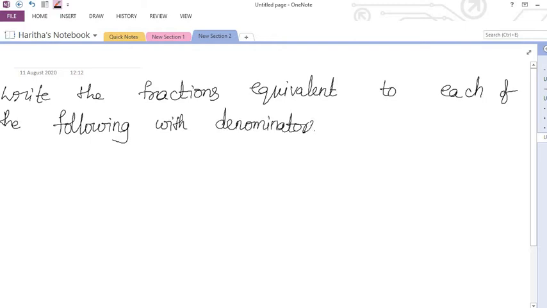So with the help of denominators you are going to prepare equivalent fractions.